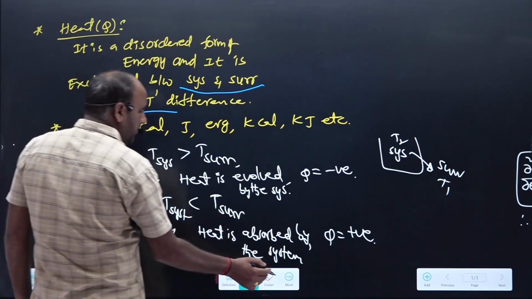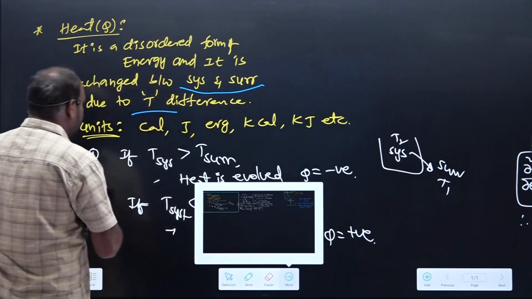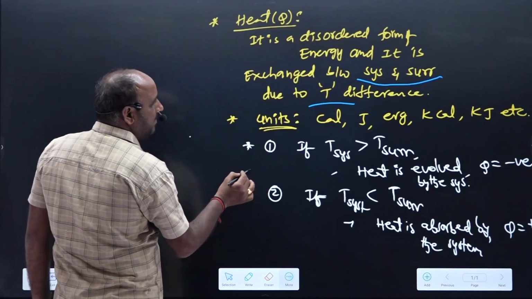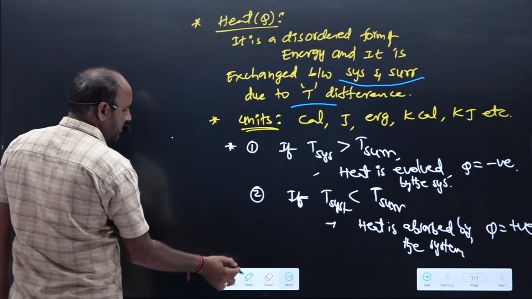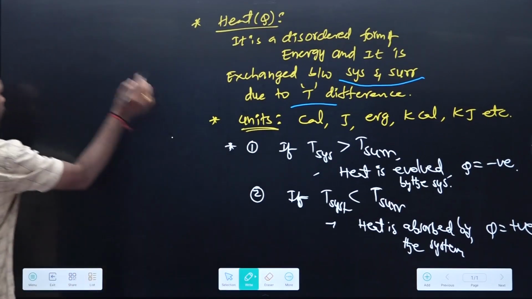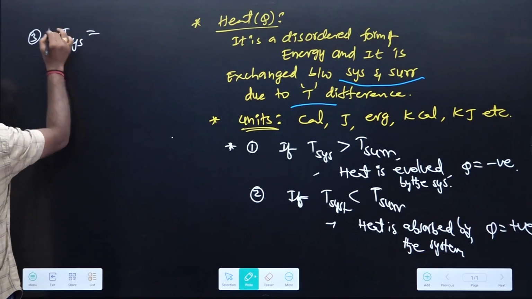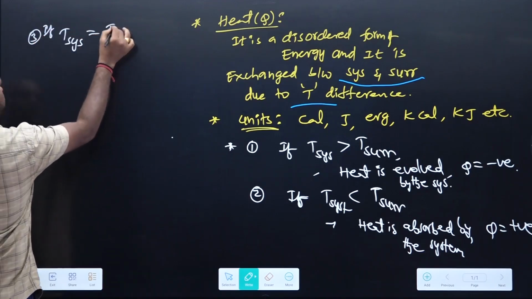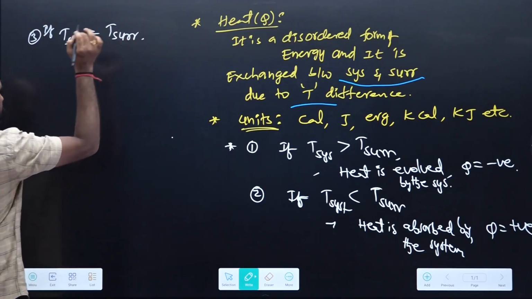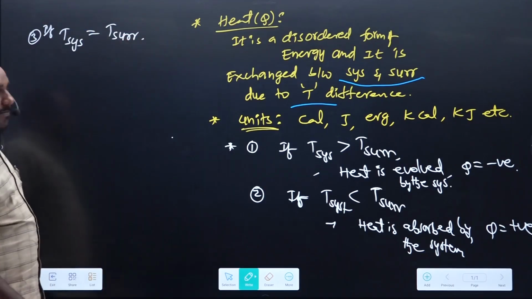So there is a third case, when the temperature of the system is equal to the temperature of the surroundings, right? If the temperature of the system is equal to the temperature of the surroundings, what will happen?